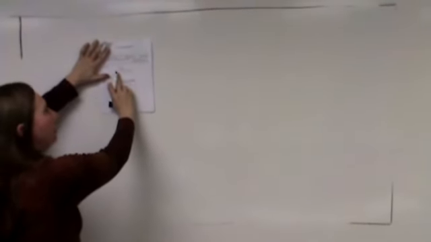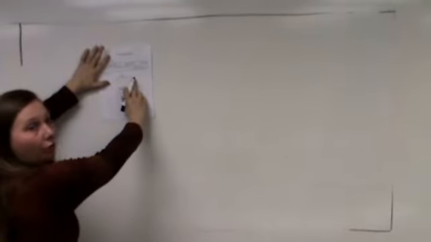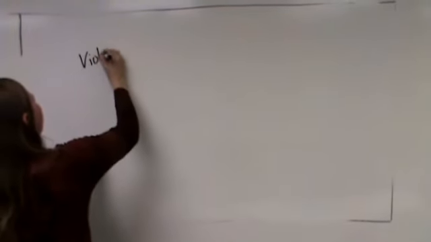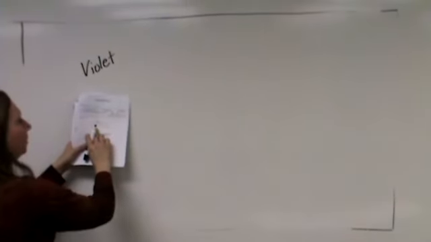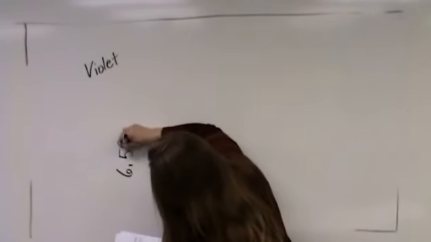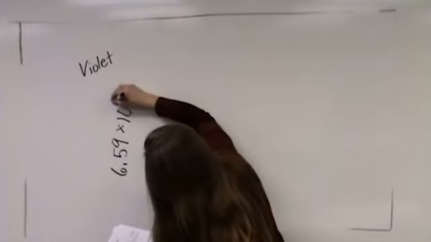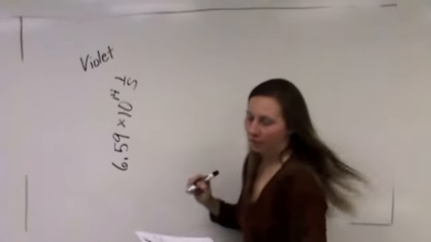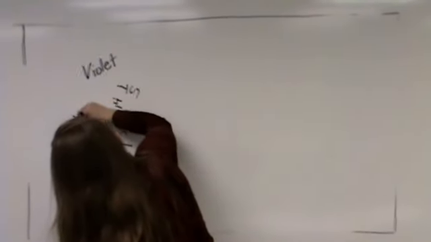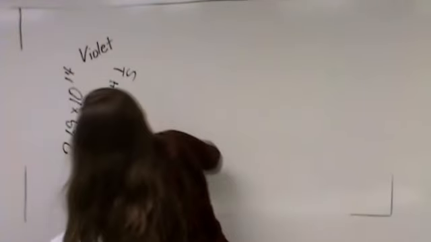On that chart, we see violet on the left side and red light on the right side. You need to have the chart in front of you. Violet light can have a frequency anywhere from 6.59 times 10 to the 14th to 7.69 times 10 to the 14th.